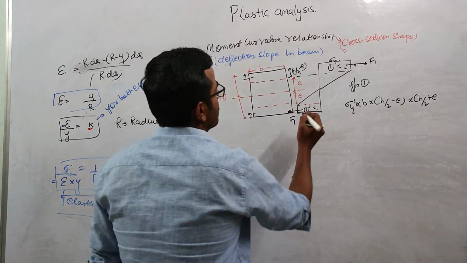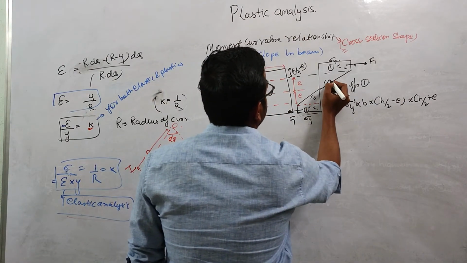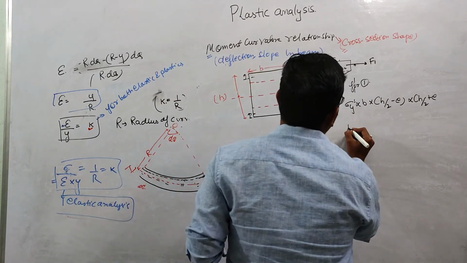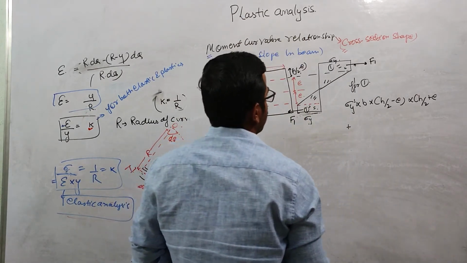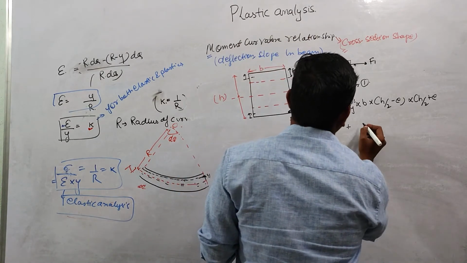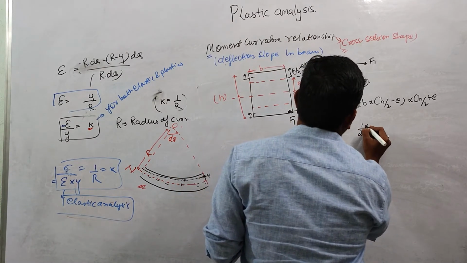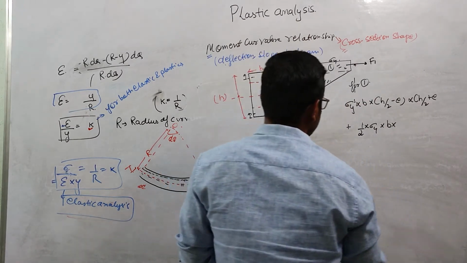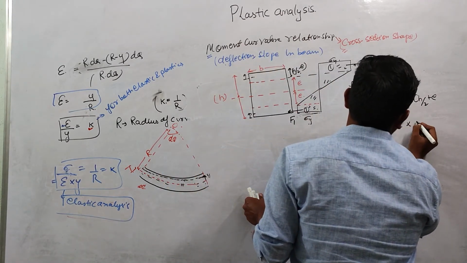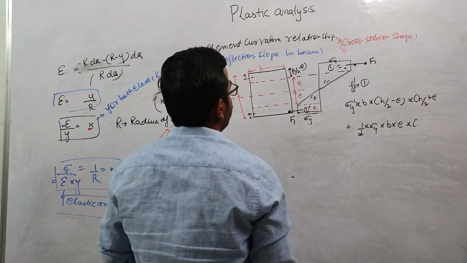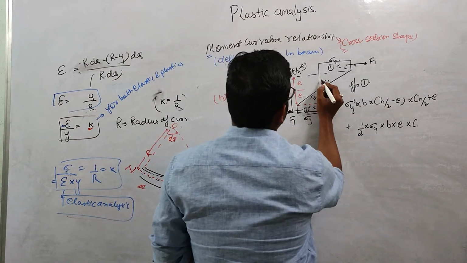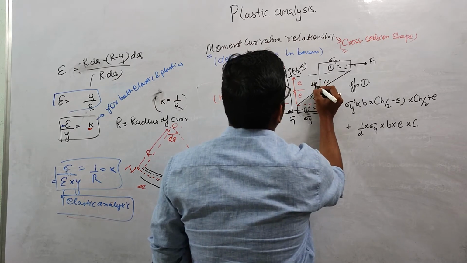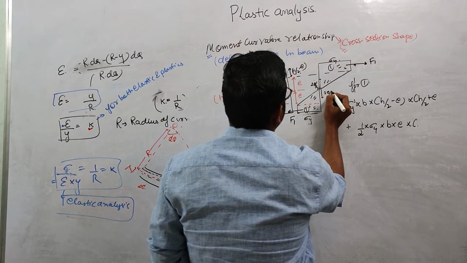Now let us come to this triangular part. This is the elastic region. If you want to calculate again the moment of resistance, I need to write half sigma y into B into E, and the lever arm will be 2E by 3 from this side and 2E by 3 from this side.